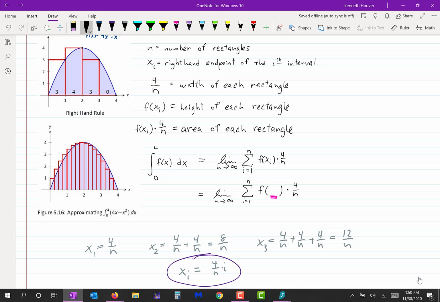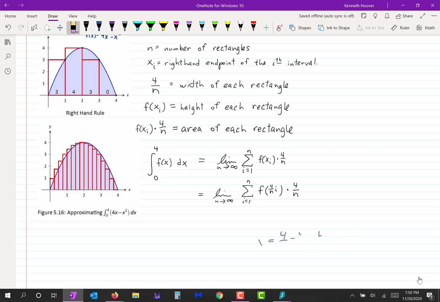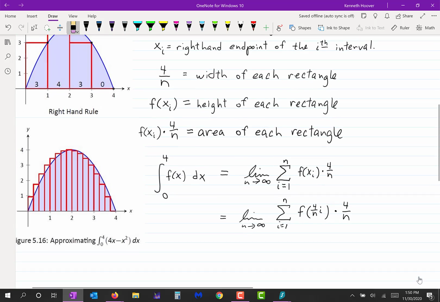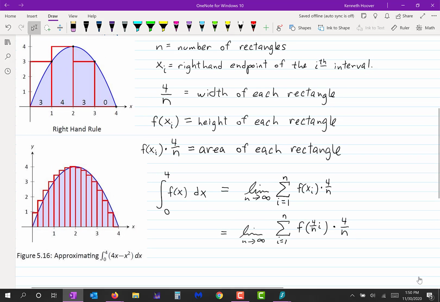So right there where it's underlined in pink, I need to take 4 over n times i and plug it into f. Okay? And now we're just going to do a bunch of algebra. In fact, all of this is really just basic high school geometry and a bunch of algebra. Okay?